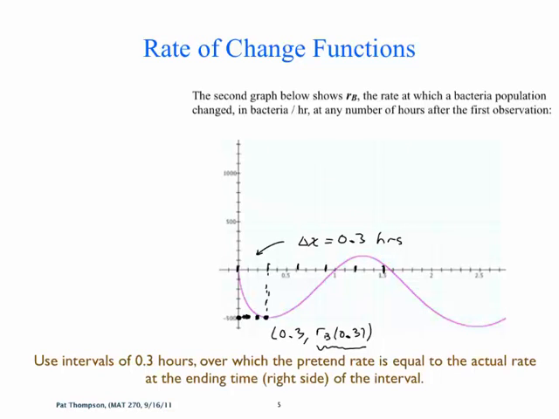So there's our constant rate in the first 0.3 hours, the value of which is r sub b of 0.3, or the actual rate at the end of that time interval, to be the constant rate, or the pretend rate, for the whole interval. And we'll call that K1. So K1 equals r sub b of 0.3.